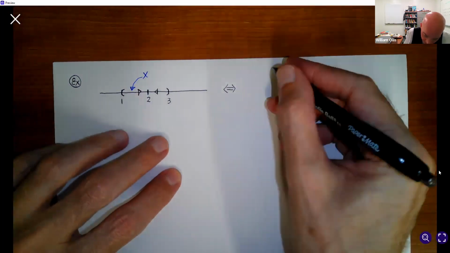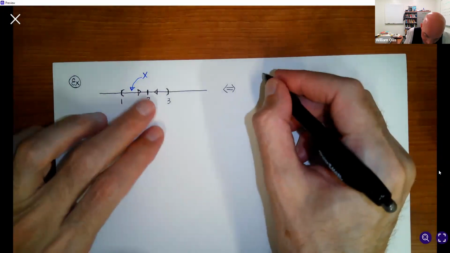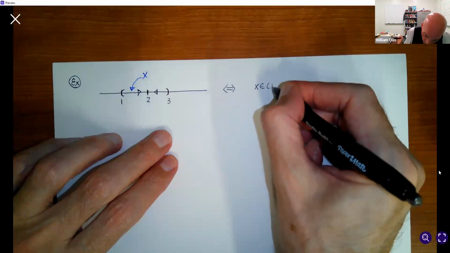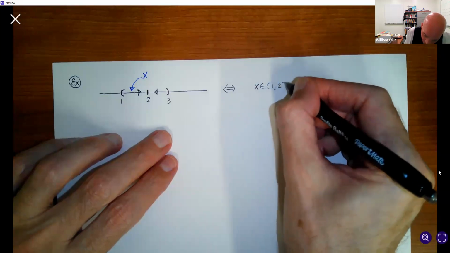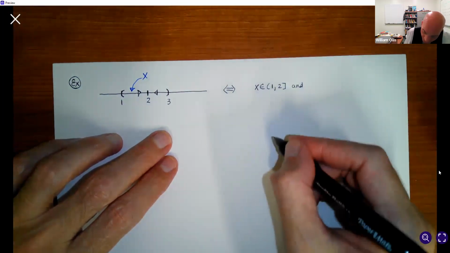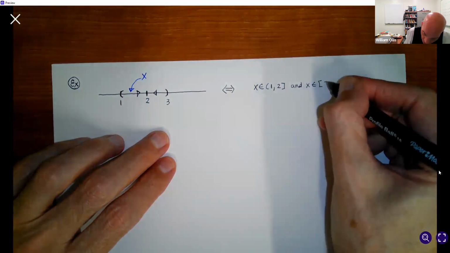So we say x is an element of 1 to 2, anywhere in that, and then x is an element of 2 to 3.